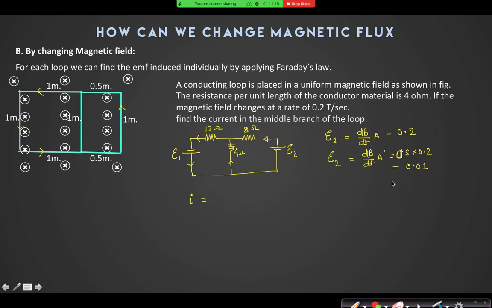There will be practice also. Just applying superposition.